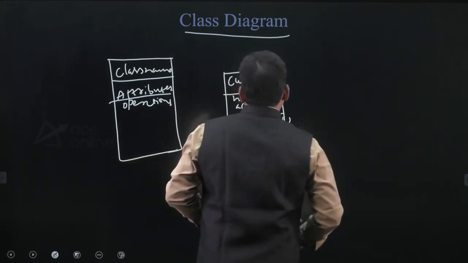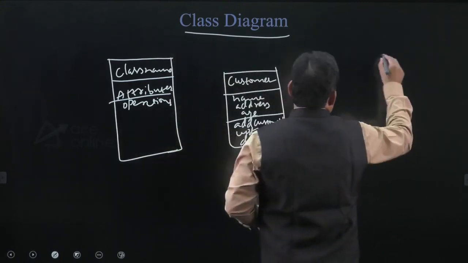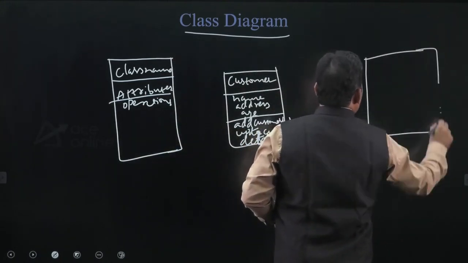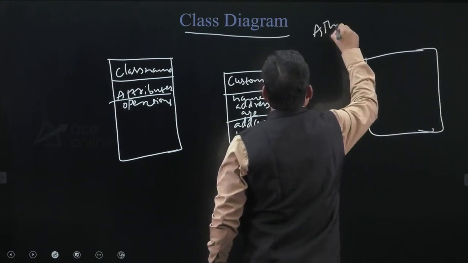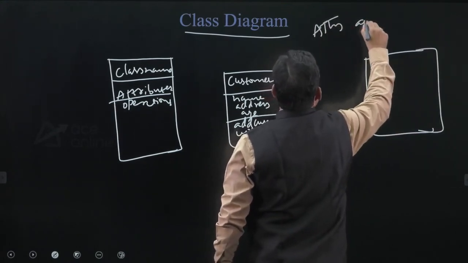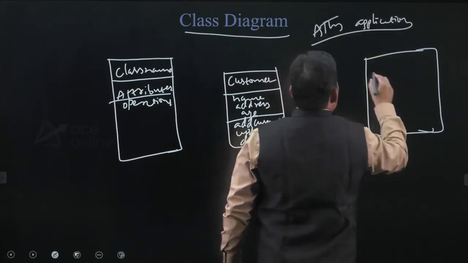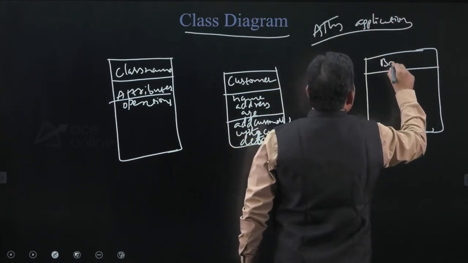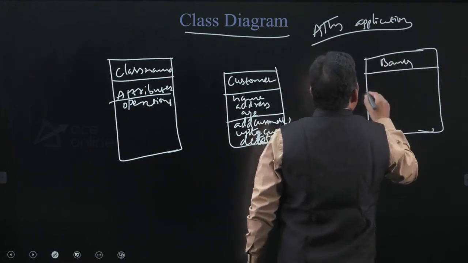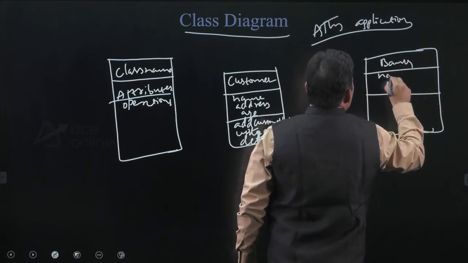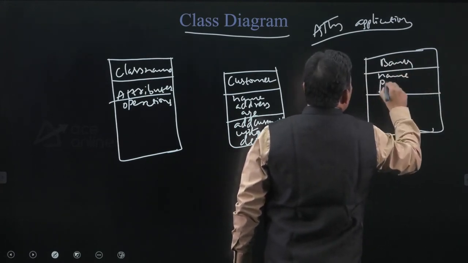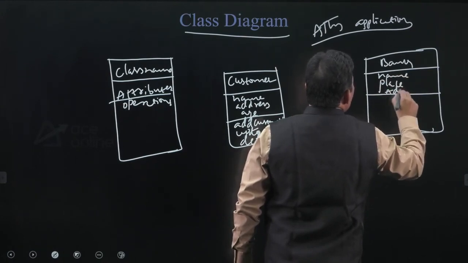We are talking about the class diagram for the ATM application. Bank is one more class, which has attributes: name of the bank, place of the bank, address of the bank.